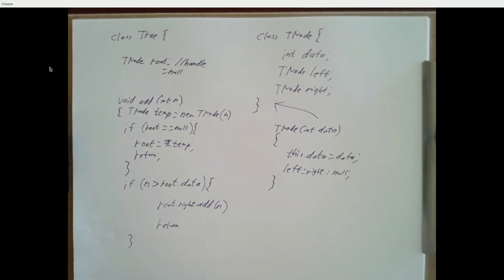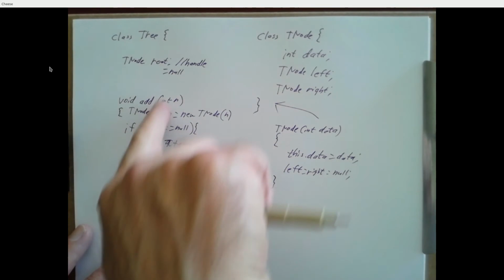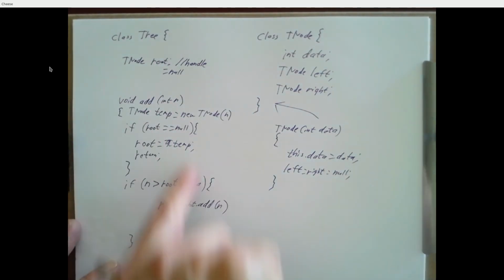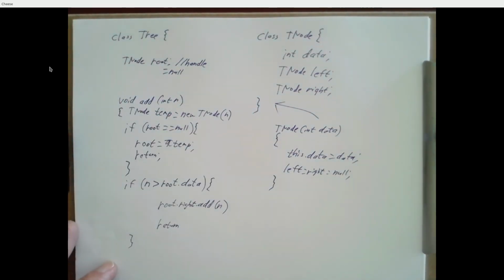And that works, but I think a cleaner way is to have an add method inside the tNode class. But your add method in your tree is really just going to call root.add. So it's really just kind of a wrapper.